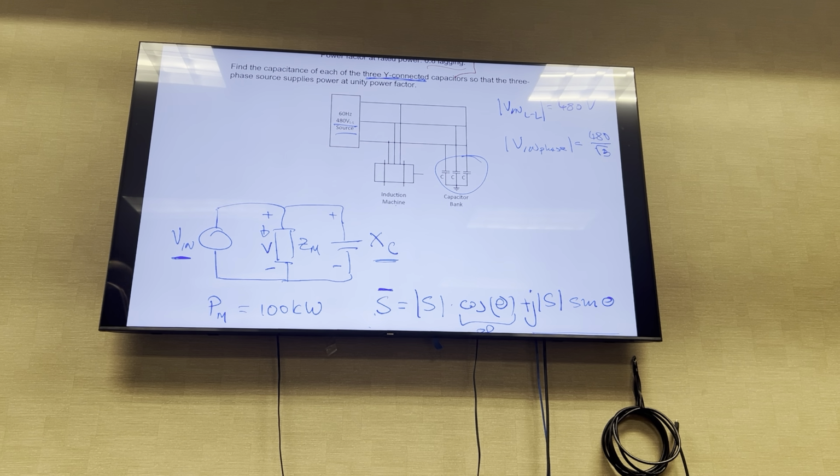Again, I can define whatever I want. Let's pick that. So let's set V in per phase as the reference. So V in phasor now will be 277 angle 0 volts.